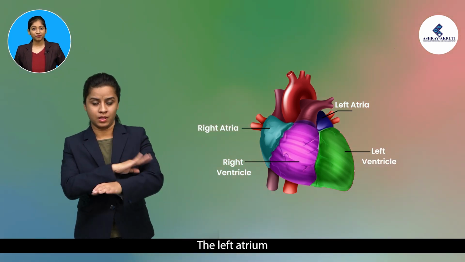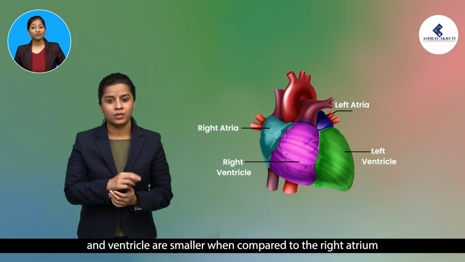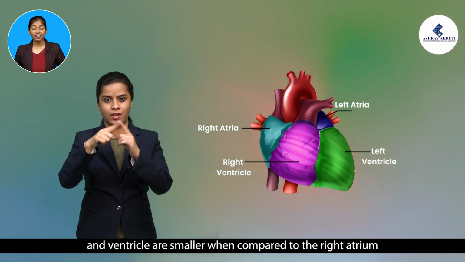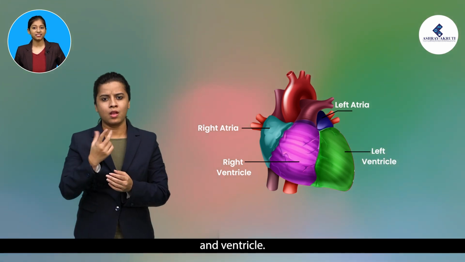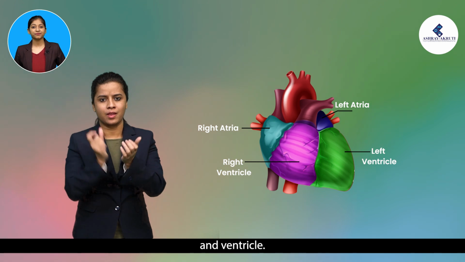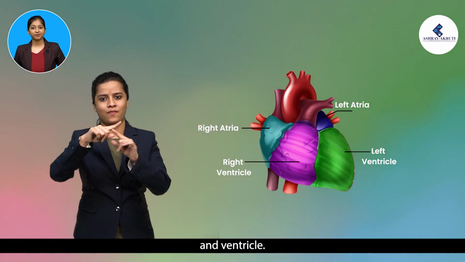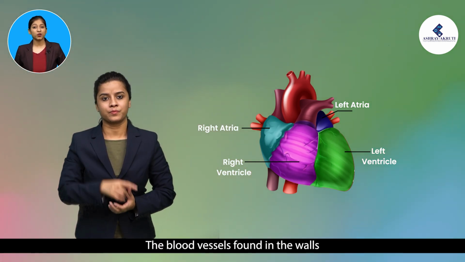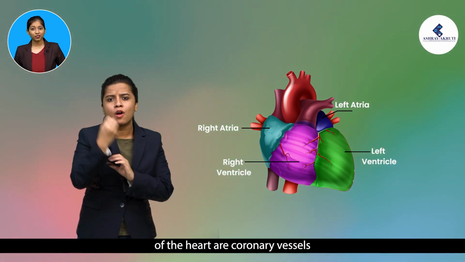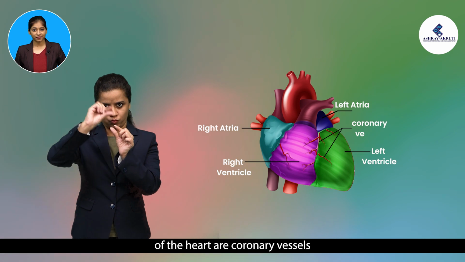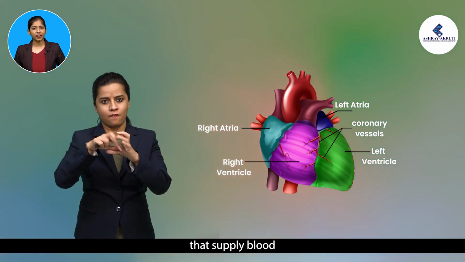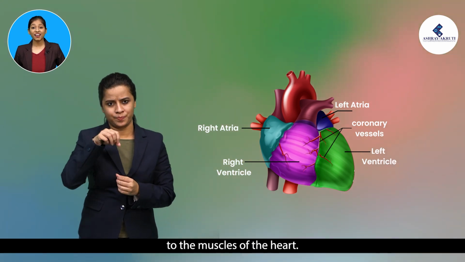The left atrium and ventricle are smaller when compared to the right atrium and ventricle. The blood vessels found in the walls of the heart are coronary vessels that supply blood to the muscles of the heart.